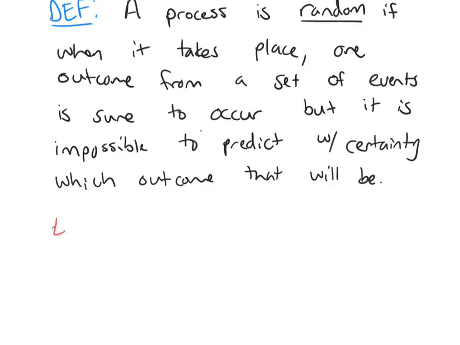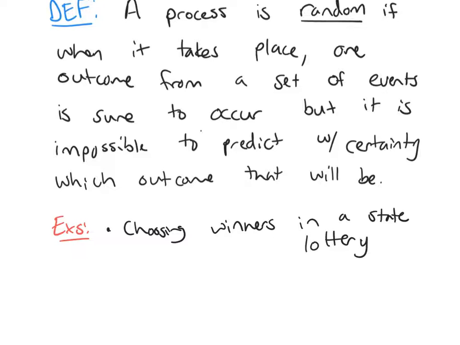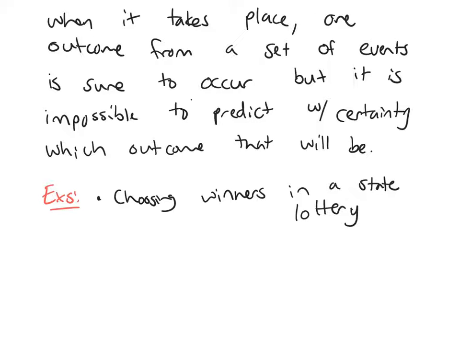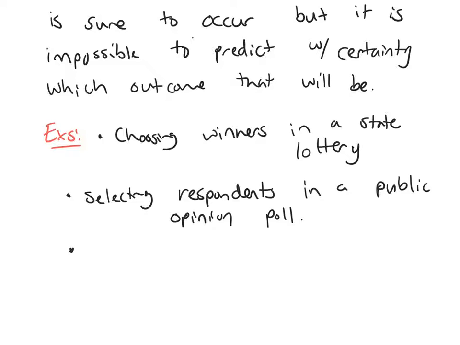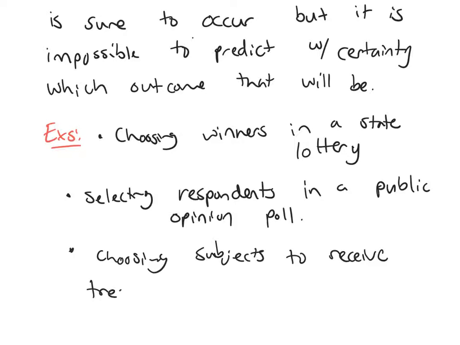There are a few other examples of a random process that you might want to think about, like choosing winners in a state lottery, selecting respondents in a public opinion poll, and one very important one is in medical trials, choosing subjects to receive treatments or serve as controls.